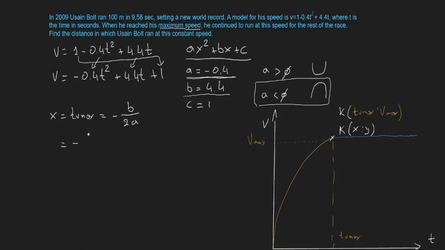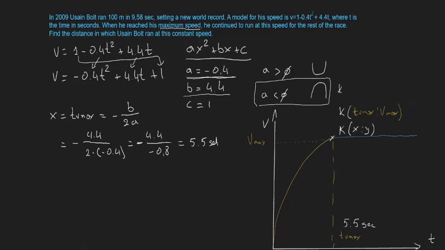Minus 4.4 over 2 times negative 0.4, which is equal to 4.4 over negative 0.8, which is equal to 5.5 seconds. So now we know that T Vmax is 5.5 seconds.